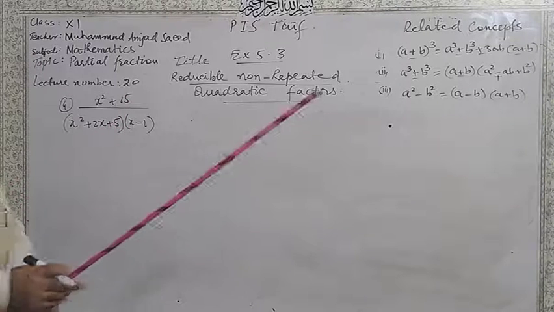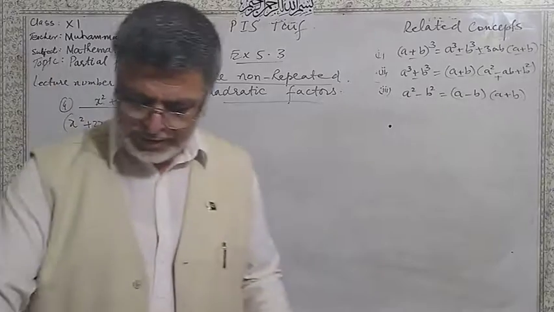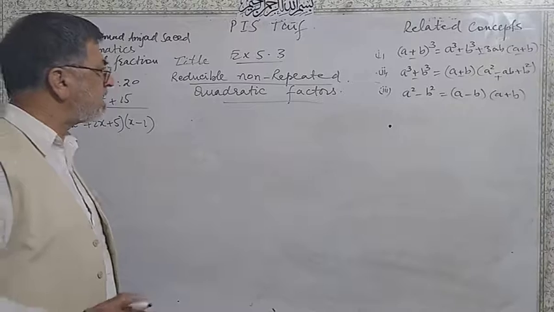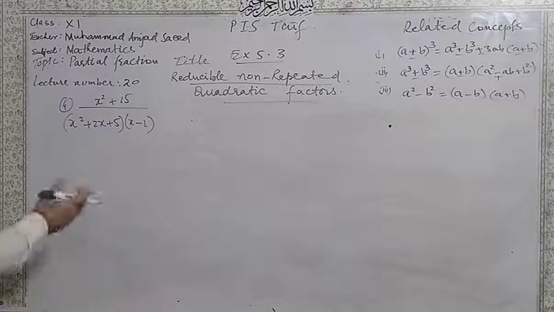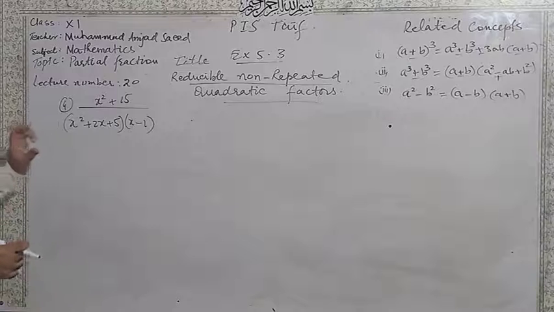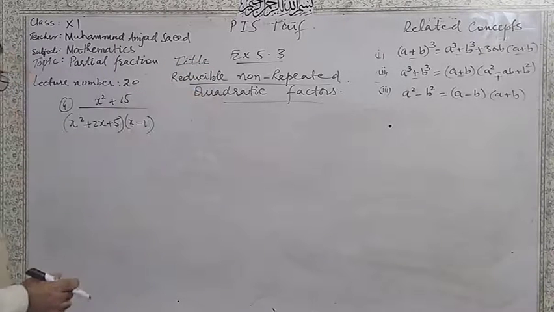So this is your proper fraction. And you know, in the case of a proper fraction, you can start directly, but take care that this is a new type of partial fraction.